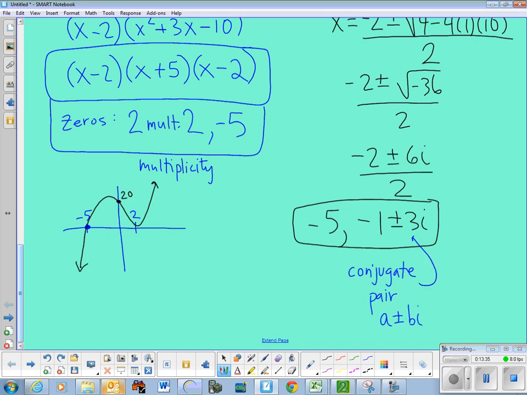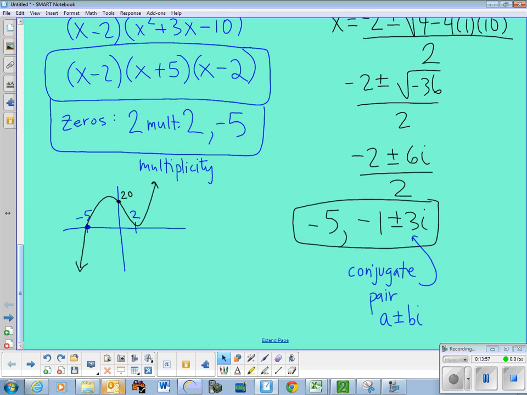So here's one of those: -1 plus or minus 3i. They're not opposites. It's not that one of them is the negative of the other. The imaginary part is added and subtracted in the pair. The -1 is staying as -1. So those always come that way. And actually, if you were given one of the two, you can automatically know that one of the roots is its pair. They always come in partners.